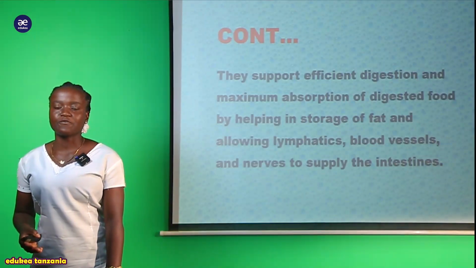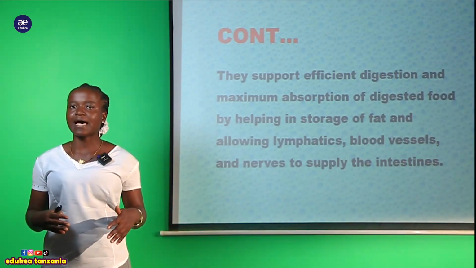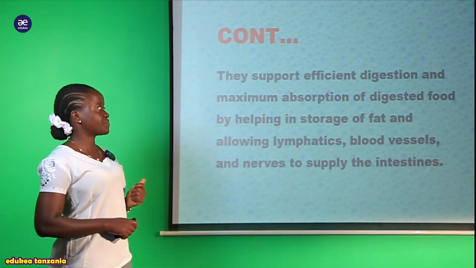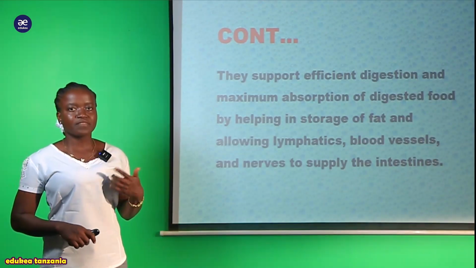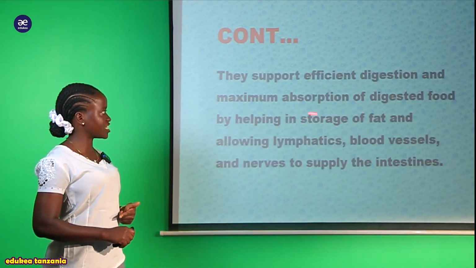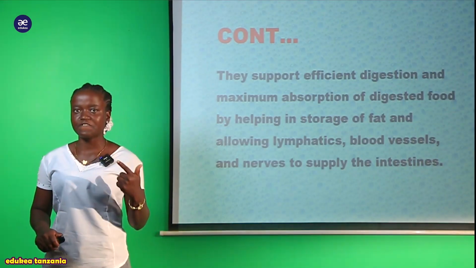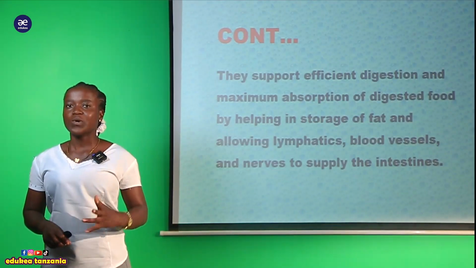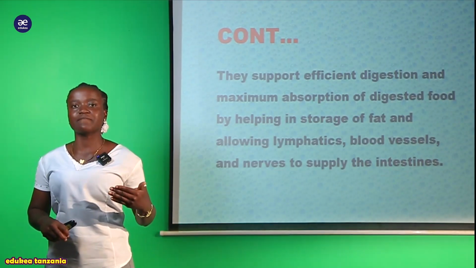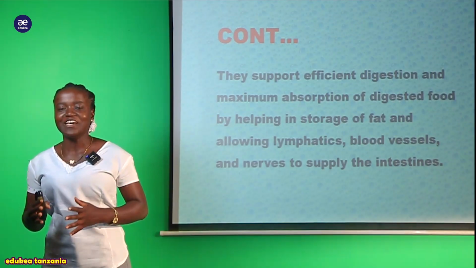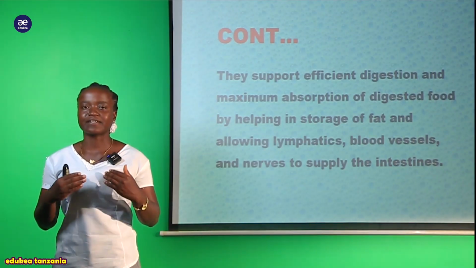So mesentery inafanya kazi nyingi sana within the digestive system of the mouse. We have said that apart from support, this organism also supports efficient digestion and the maximum absorption of digested food. Remember, this part which is called the mesentery is found behind the hepatic portal vein which is found within the rat.